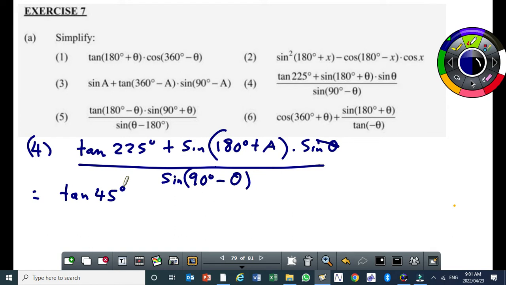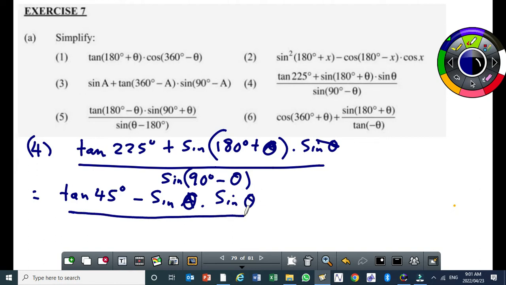So we are now combining all the concepts: reduction formula, special angles, fundamental identities. Right? Sine 180 plus A is in the third quadrant, so that will be minus sine A. Then times, this is theta rather, this one is theta, times sine theta all over, now sine 90 minus theta is the same as cosine of theta.